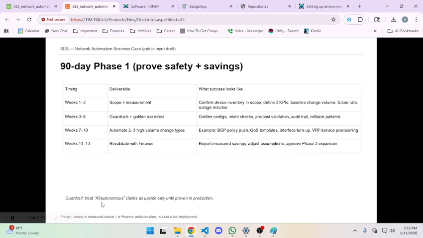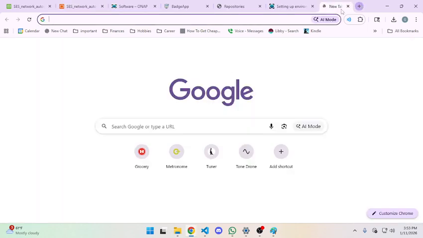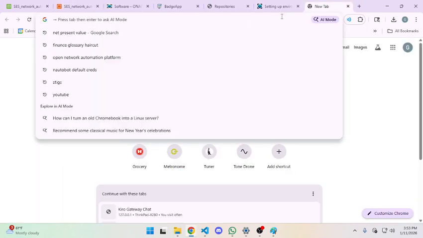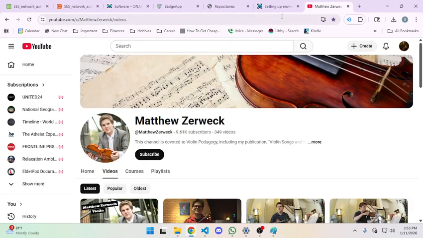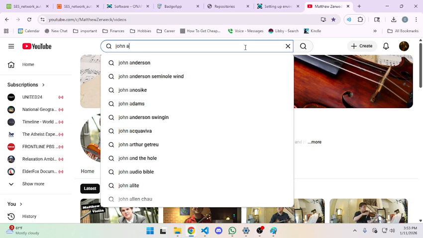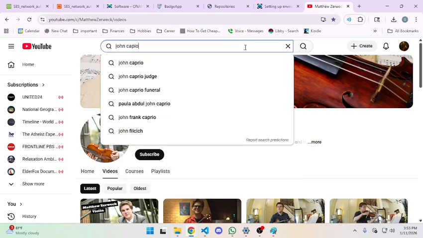So Guardrail will treat AI/autonomous claims as upside only until proven in production. So we could do something like, John Capobianco published today a banger about doing this fully automated with AI.